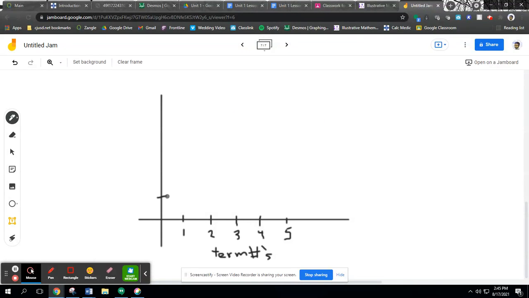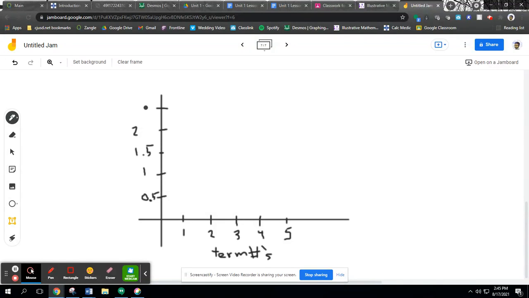So I should go up to maybe 3. So I'll go by halves. So let's call this 0.5. We'll go to 1, 1.5, 2, and then we'll have a 2.5.